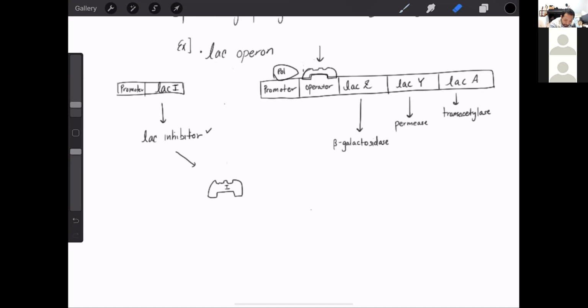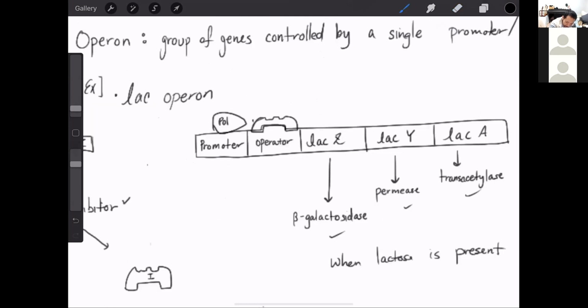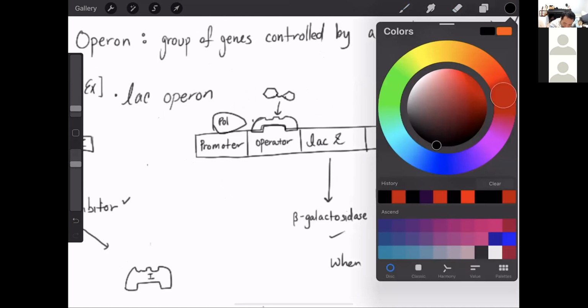Okay. Now, when do we want to turn this gene on, or these sets of genes on? We want to turn them on when lactose is present, right? So here's what's interesting. Lactose, when it is present, has an affinity to the inhibitor as well. You see this little site right there at the top.